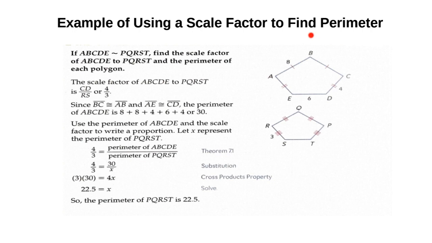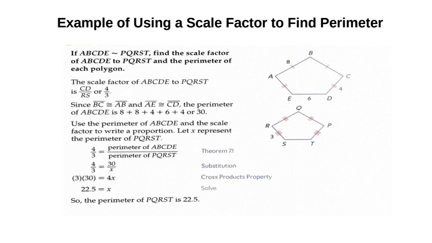Since these two polygons are similar, we know that the scale factor is the ratio of two corresponding sides. So let's do, for example, CD and RS. So these are the corresponding sides.